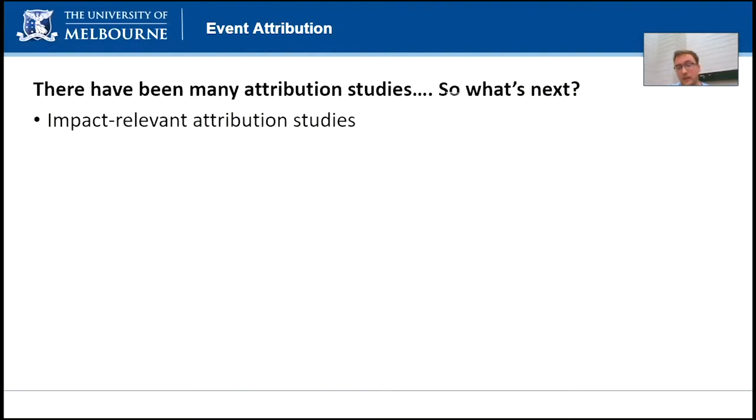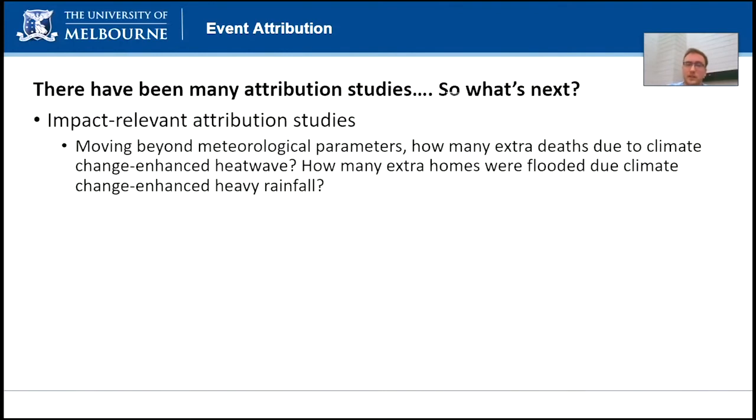Another area that event attribution is going towards already is more impact-relevant studies. We've already done lots of studies looking at meteorological parameters like heat waves, so climate change influence on a heat wave or a heavy rainfall event. But we're also interested in the impacts of these events and how climate change has contributed to those impacts.